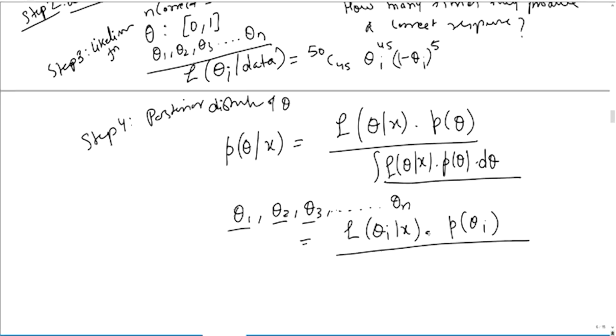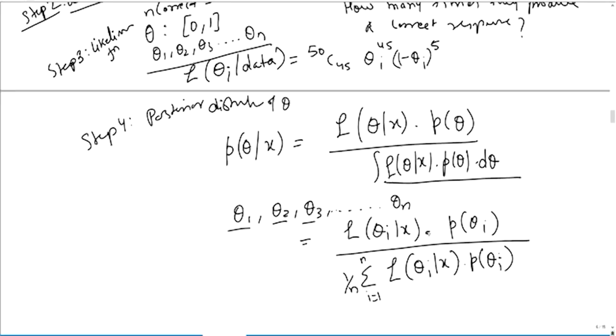So we are going to approximate this marginal likelihood. How can we approximate? If we take the average of all likelihood times prior from i equals 1 to n, this would give you an approximate marginal likelihood.